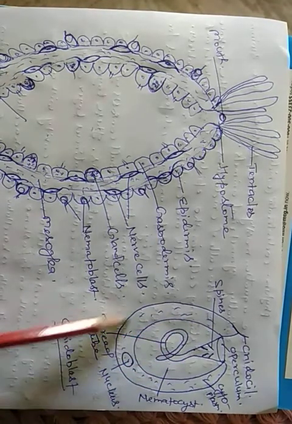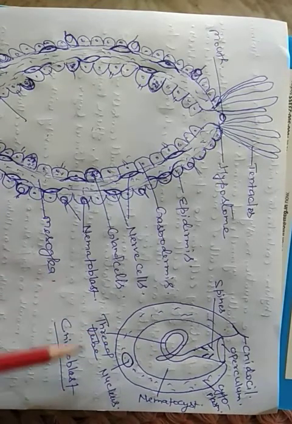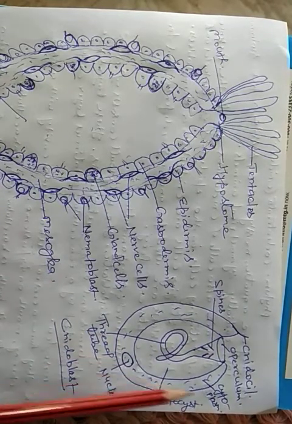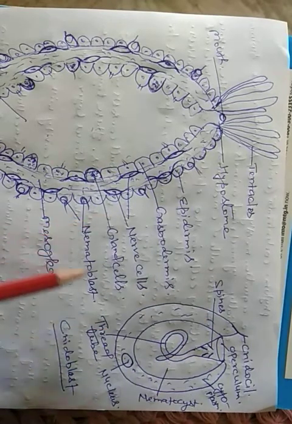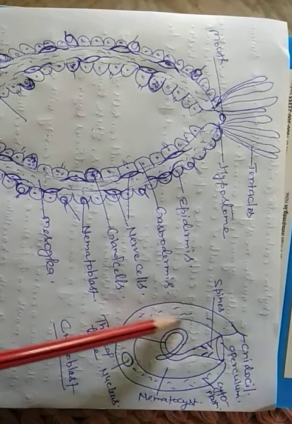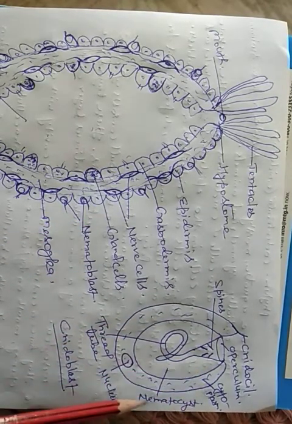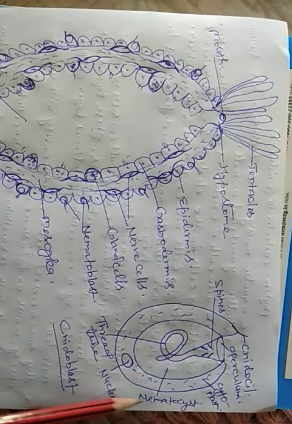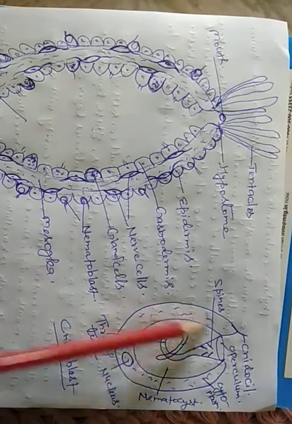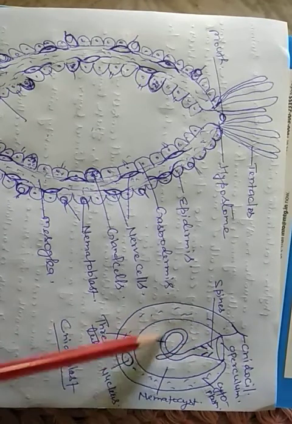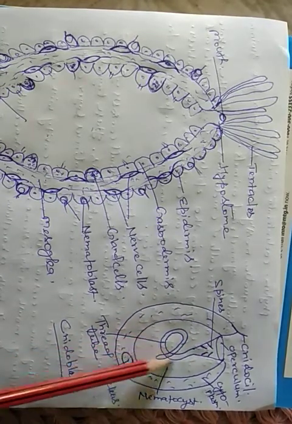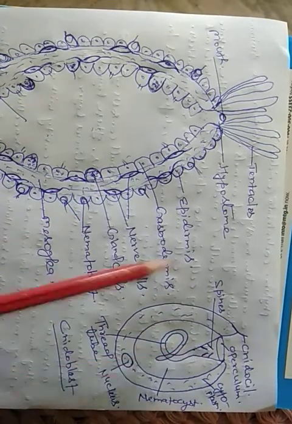Now we discuss the structure of a nematoblast or cnidoblast cell. You can see this is the cell, there is a nucleus, and this is the cytoplasm. Inside the cell there is a capsule or nematocyst, having a coiled tubular thread-like structure with spines.